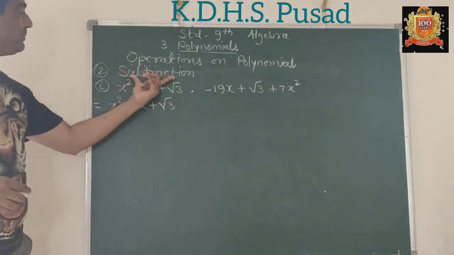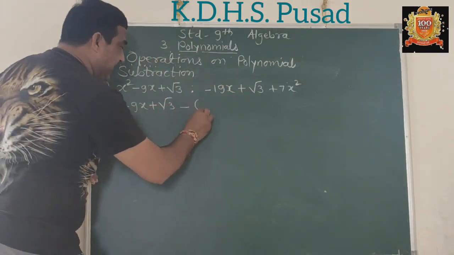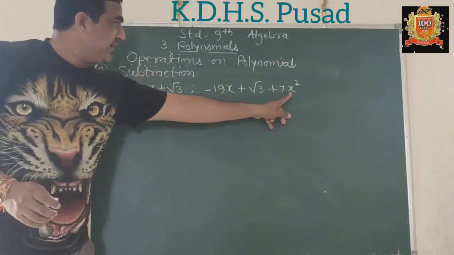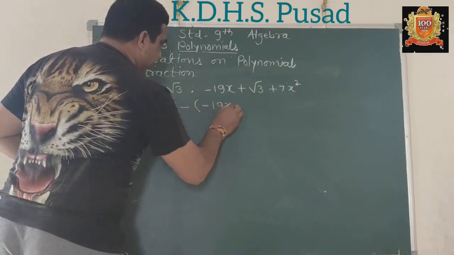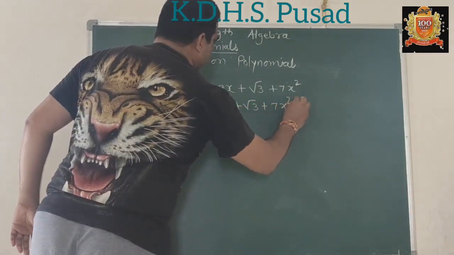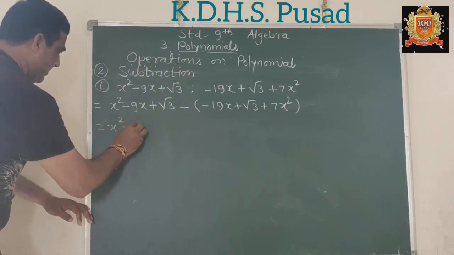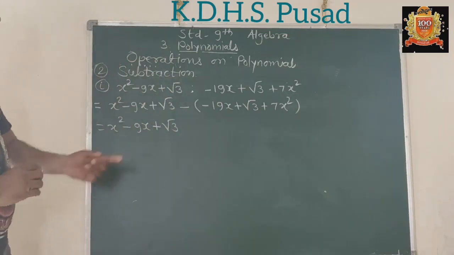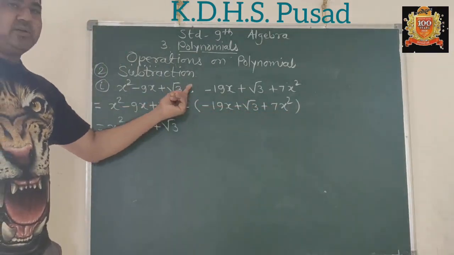Whenever you are performing subtraction, consider the second polynomial in a bracket with a minus sign before it, and write all these terms inside the bracket: minus 19x plus root 3 plus 7x square. And now the next step: x square minus 9x plus root 3. Now multiply this complete bracket by the minus sign.